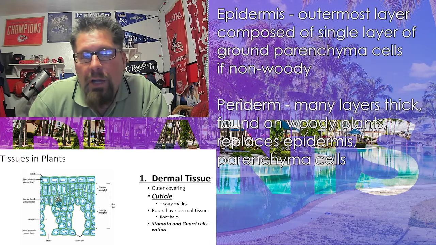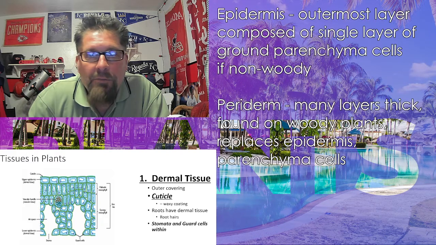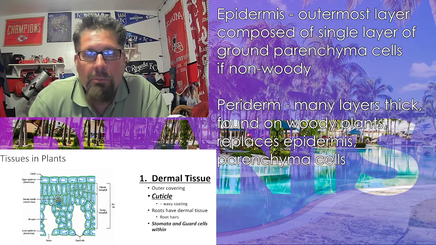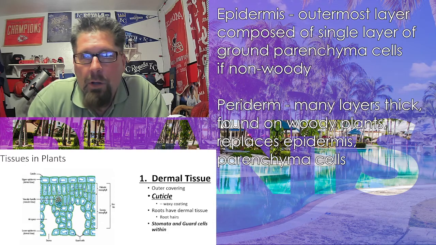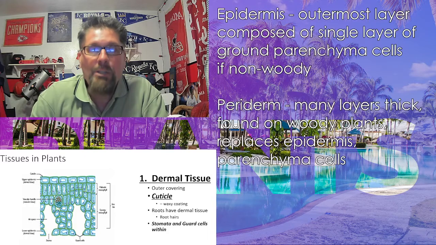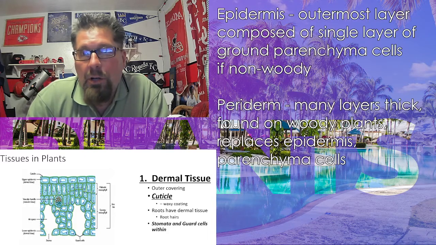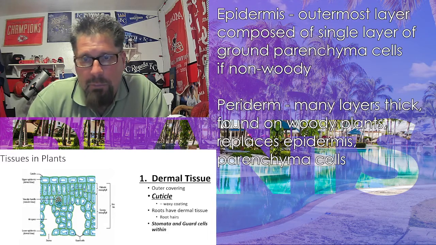So you've got that upper part, the dermal, but inside of that, those mesophyll sections, you can see the bracket to the right of the picture below me. That's where the ground tissue is going to be, and you can see what a big portion of that is. We're going to talk about ground tissue here in a little bit, but that's where the photosynthesis occurs, and the parenchyma cells.